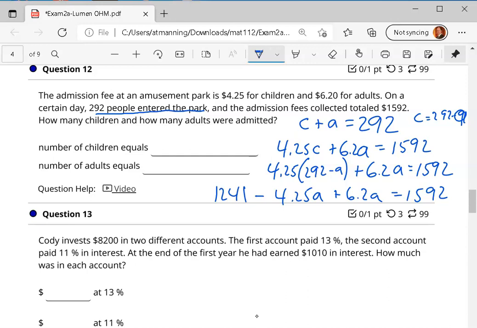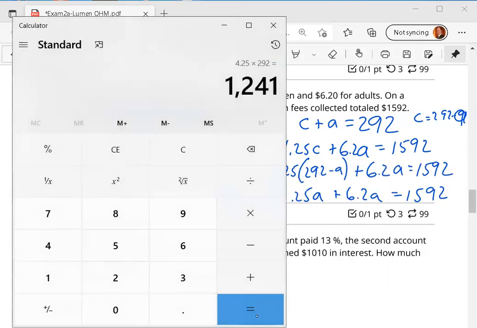We just have to solve for a. Well, 6.2 minus 4.25. Let's use our calculator. 6.2 minus 4.25 gives us 1.95.